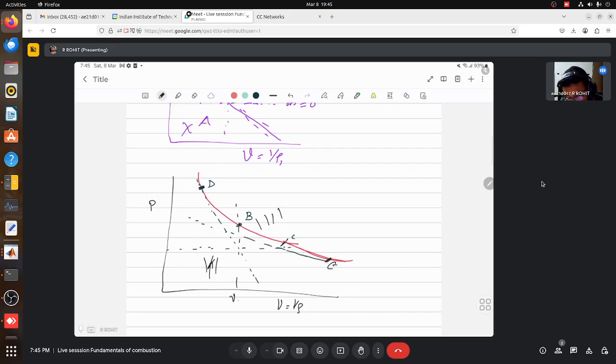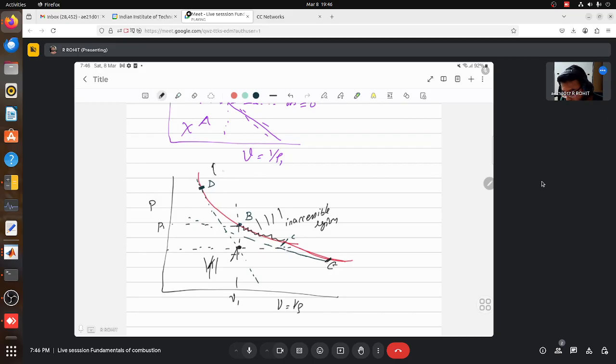So you have V1 for a given V1, and this is your point A. The Hugoniot curve is a plot of all possible values of P and 1 by rho for a given value of heat. And now you know that B and C are inaccessible regions.